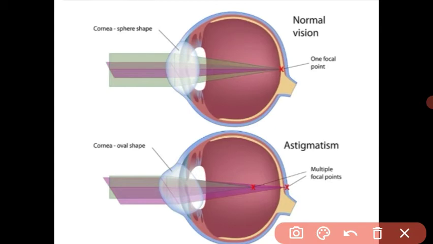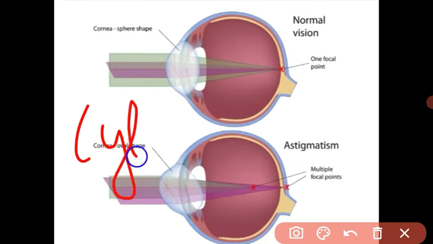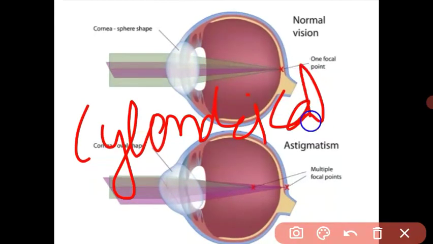In that condition, because of the curvature of the cornea, the image is formed in many focus points, so we cannot see the object clearly. And how is it corrected? By using the cylindrical lens, we can correct this defect.